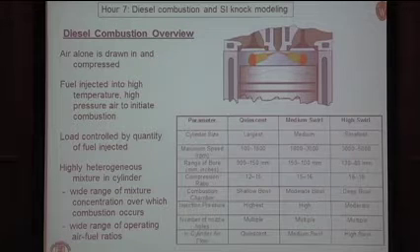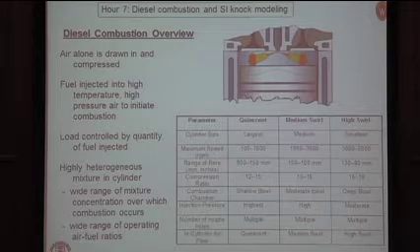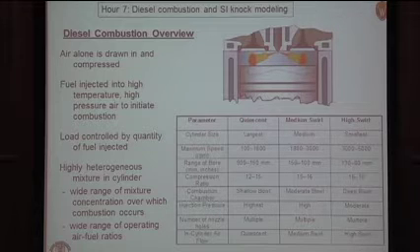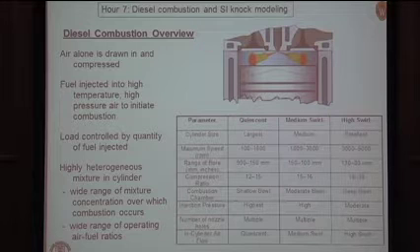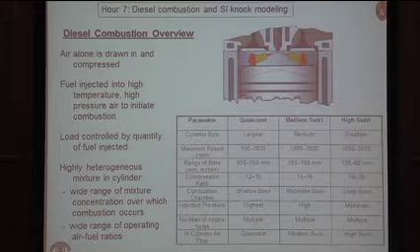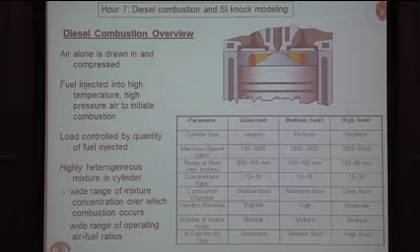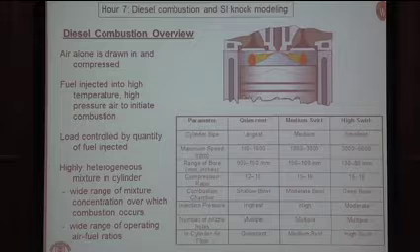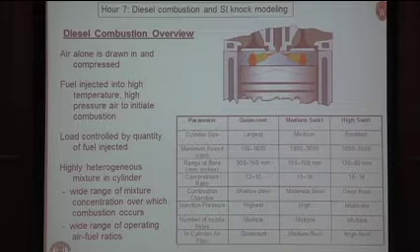Okay, diesel combustion overview. As we've discussed in the first few moments of this course, the air is drawn in and compressed through the valves here. Fuel is injected into this high temperature, high pressure environment as a result of the compression process. The load is controlled by controlling how much fuel you inject into the engine.